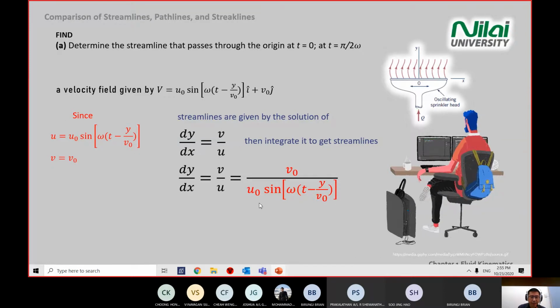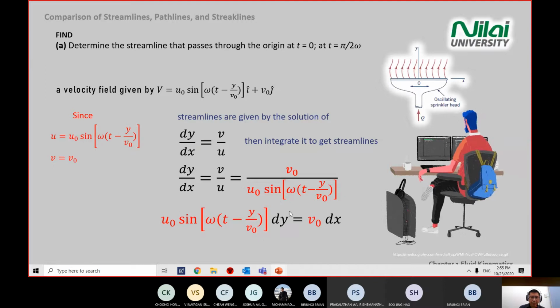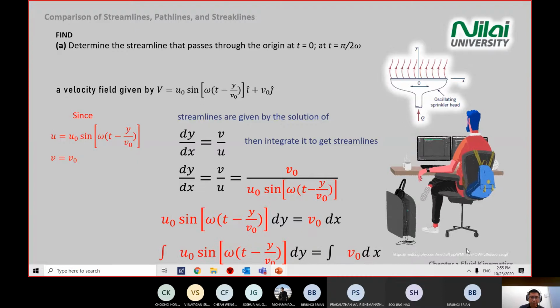It's quite a big, lengthy equation, but don't worry, just follow the principle, because in the exam, all this will change. You just need to remember the general steps, right? Once you get this, you move x and y to one side. You pull all the y terms to the left and the x terms to the right. So you have this, and then you put the integration sign on both sides. Then you get this, okay?